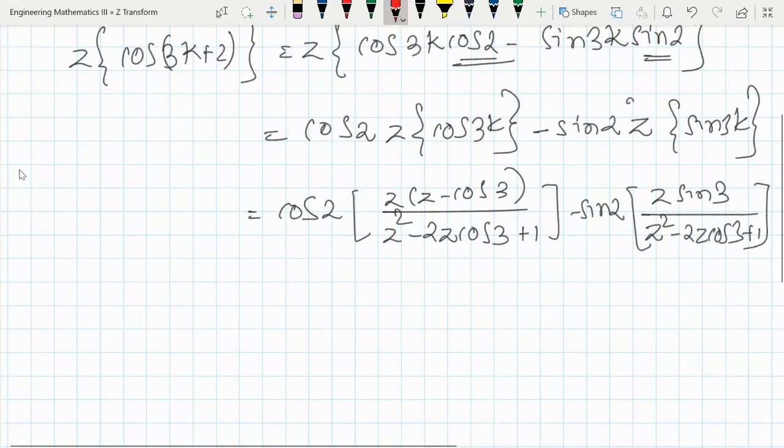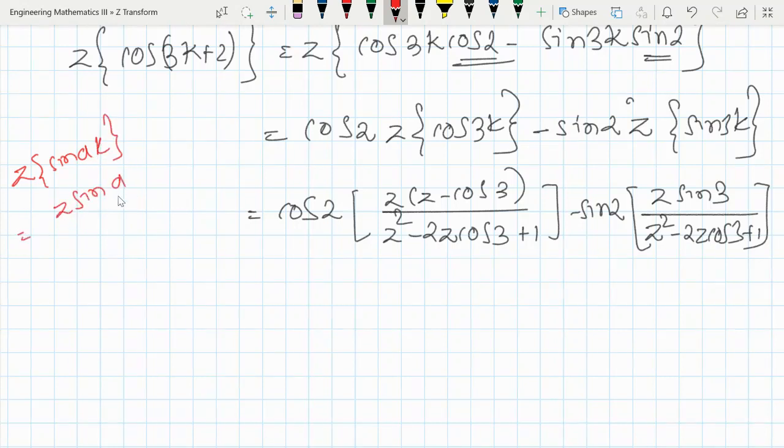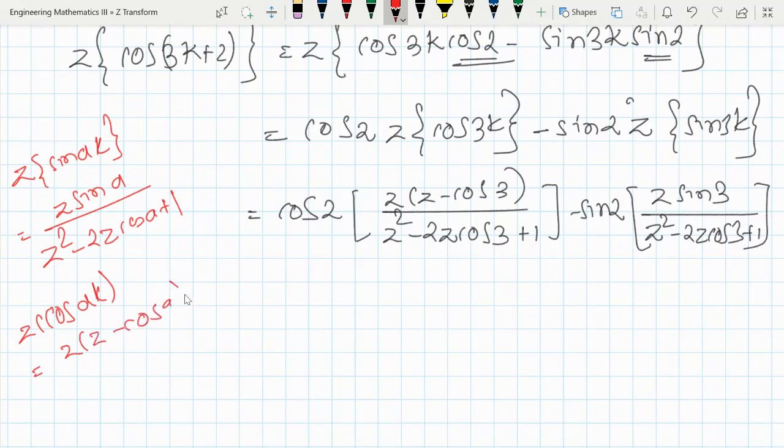See, z transform of sine of ak, what is this? Z into sine of a divided by z square minus 2z cos of a plus 1. Okay, and what is z transform of cos of ak? It is simply z into z minus cos of a divided by the same denominator, z square minus 2z cos of a plus 1.